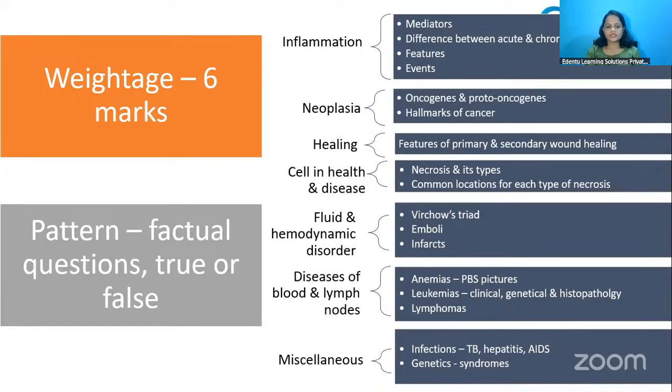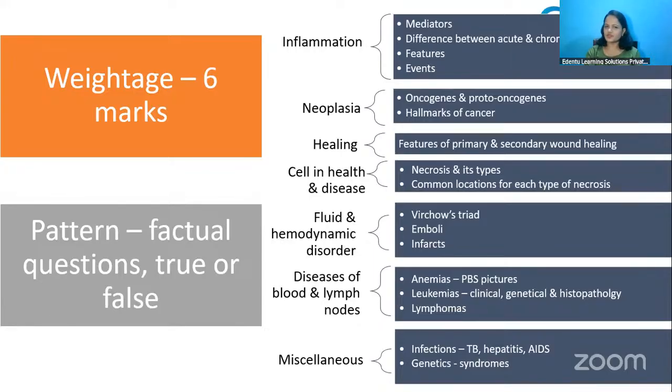When I went through the previous year question papers, there were rarely any application based or case based questions. Maybe one or two only I found, some kind of application based or clinical based questions, like a patient who has echinococcus granulosus, what kind of necrosis he will be having. Very rarely.